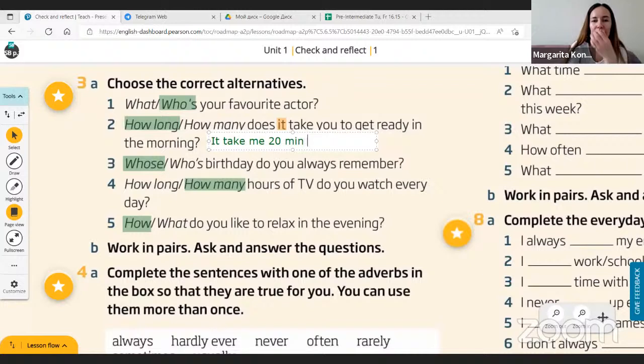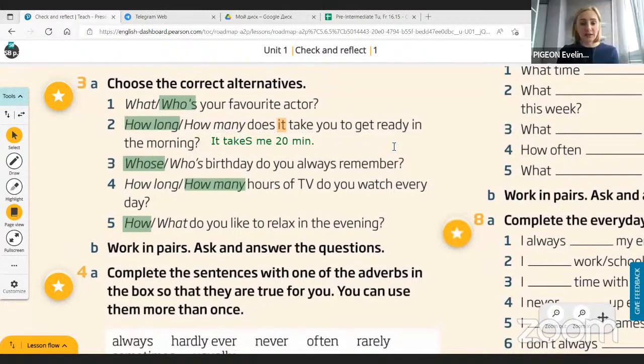Is it sure that it is it take, or something must come here? It takes. It takes me 20 minutes to get ready in the morning, right? It's okay to say I need 20 minutes. It's fine, but you can also do it like this. Okay, good.